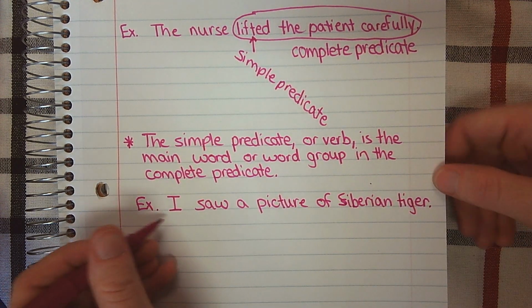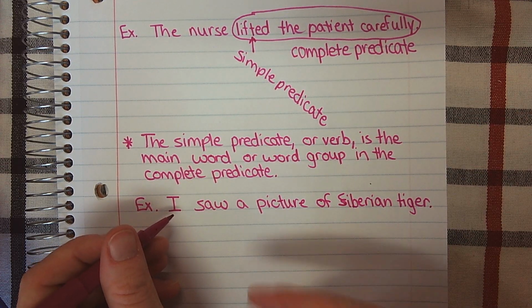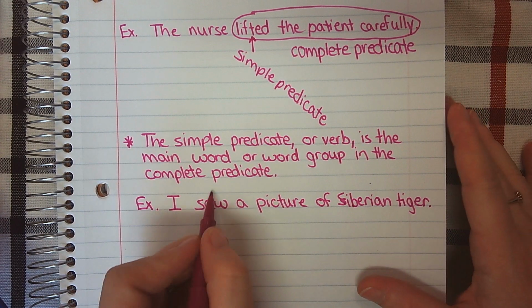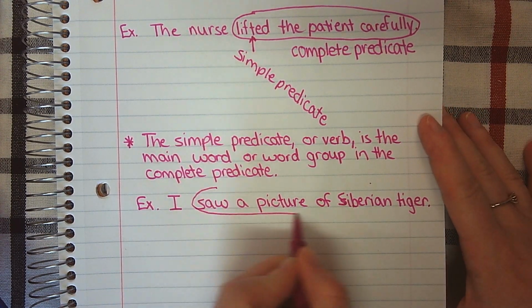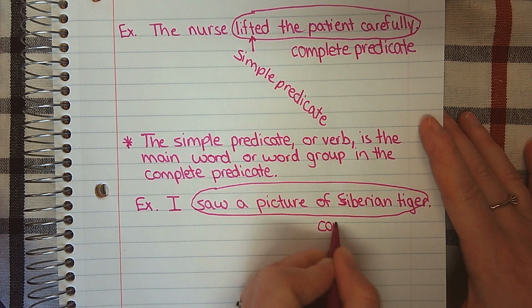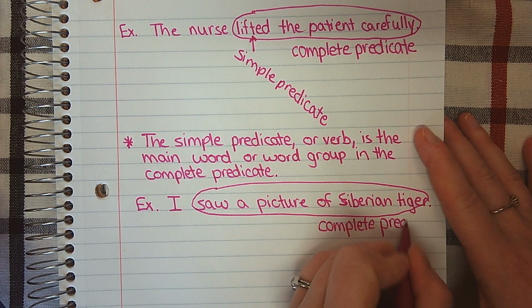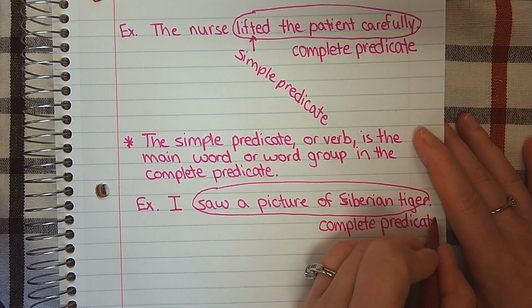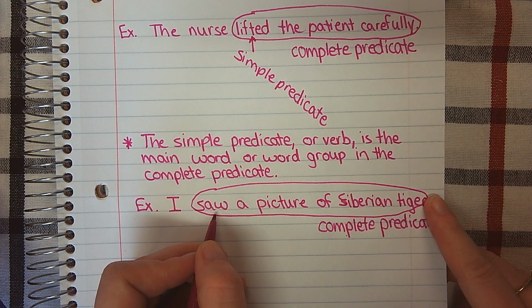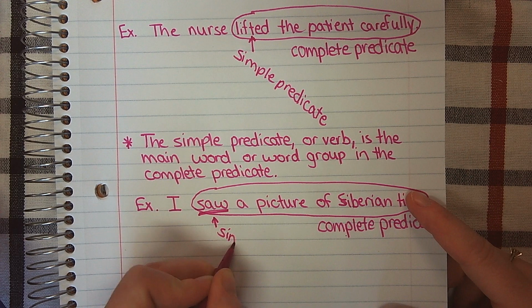The subject of our sentence is I, and what's happening with it is I saw a picture of a Siberian tiger. So, saw a picture of a Siberian tiger. This is your complete predicate. It is the verb and all of the words that go with the verb. And that verb alone is our simple predicate.